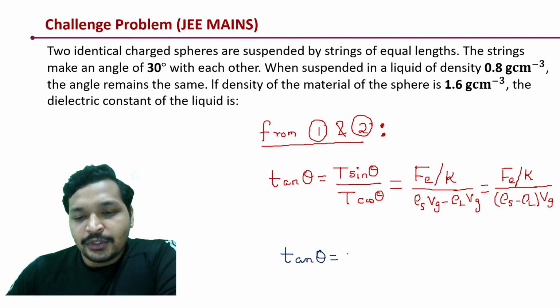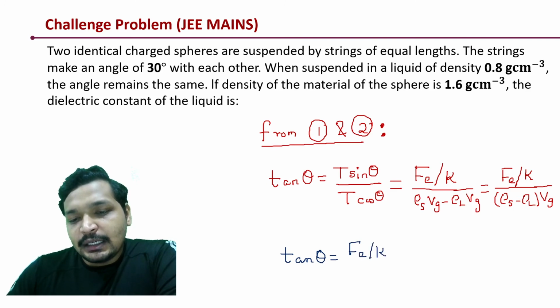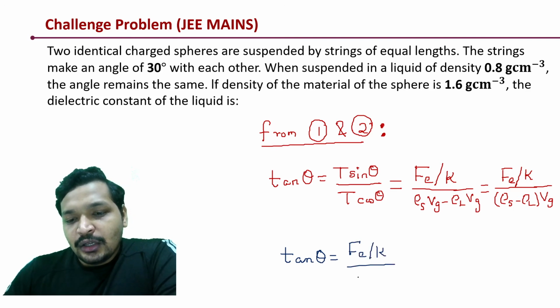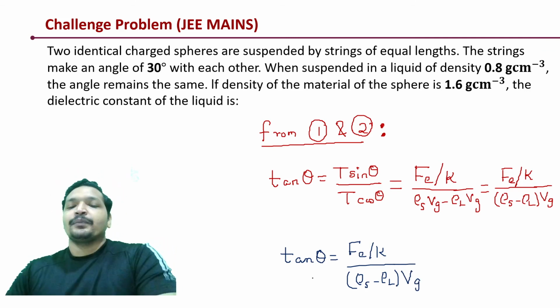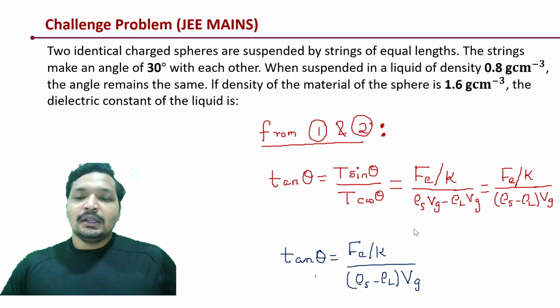Okay, it should be Fe by K divided by (rho S minus rho L) into volume into G. Okay, that's it.